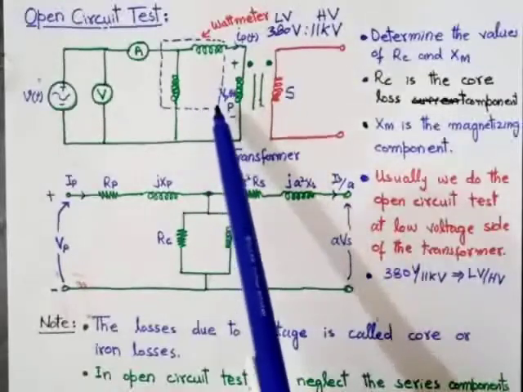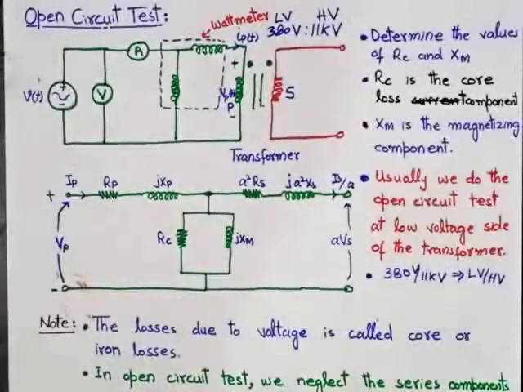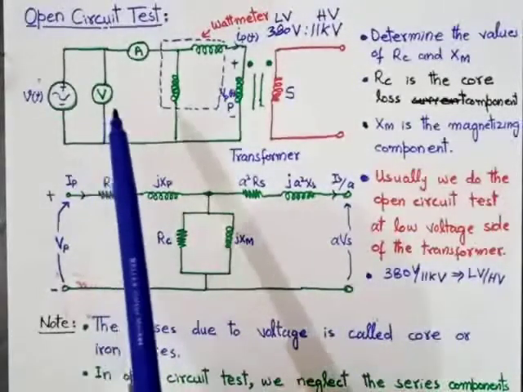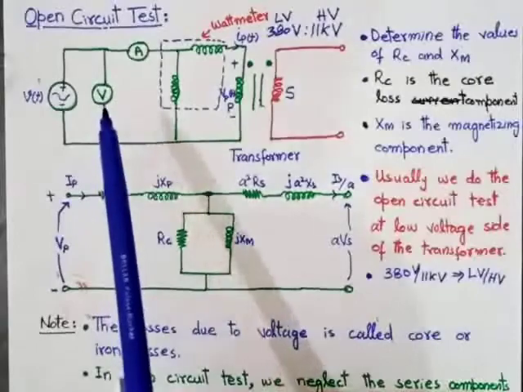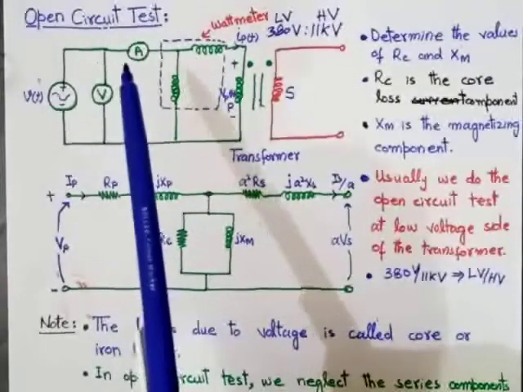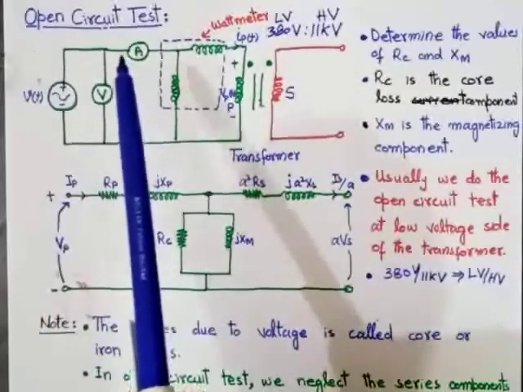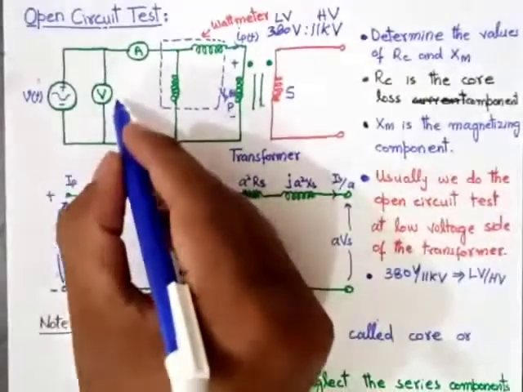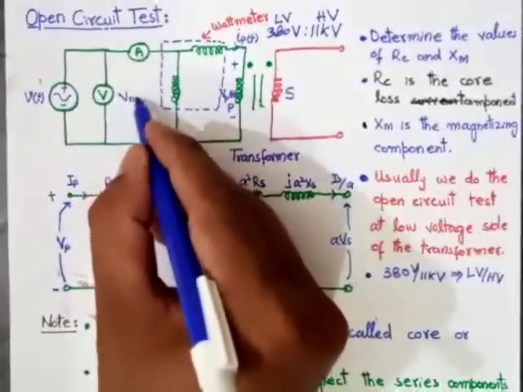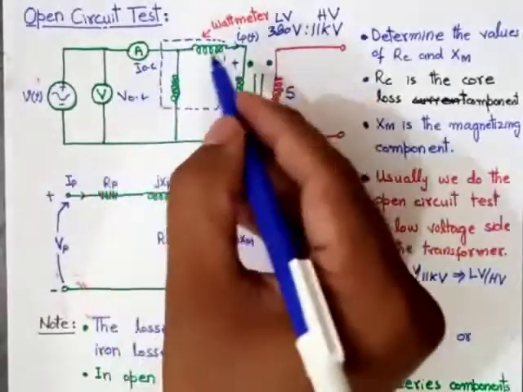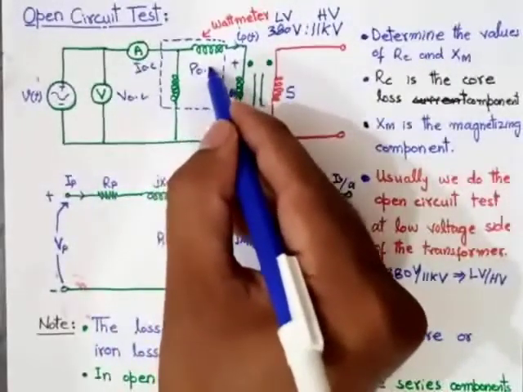So as we know, the voltmeter basically shows the open circuit voltage of the transformer and the ammeter will show the open circuit current of the transformer. That is, this will be the V open circuit, this will be the I open circuit and this will be the P open circuit.